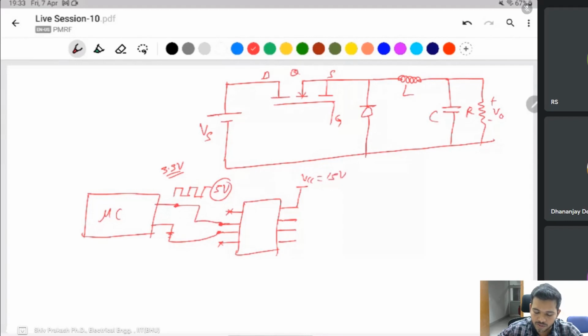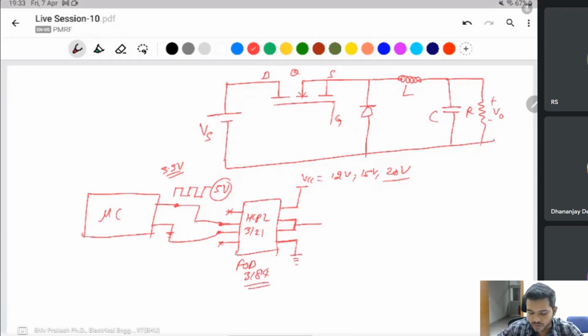You can give 12 volt, 15 volt or 20 volt VCC, and this pin is connected to the ground. The pulse is generated at the output pin. Like if you take the HCPL 3120 driver circuit or the FOD 3184, both have the same pins.